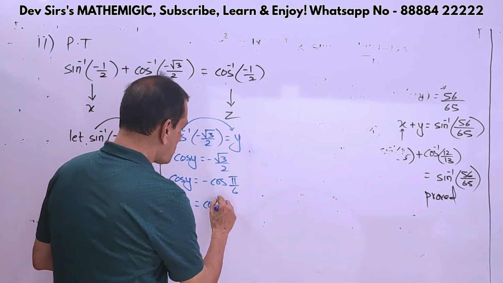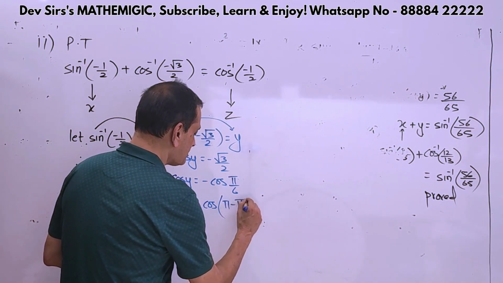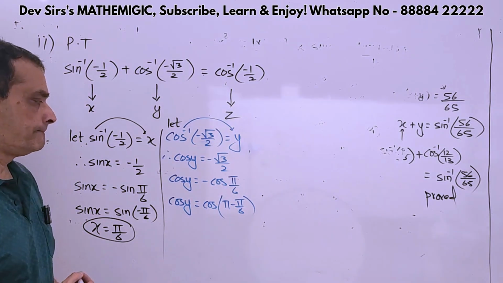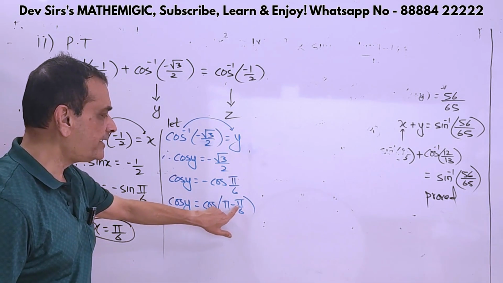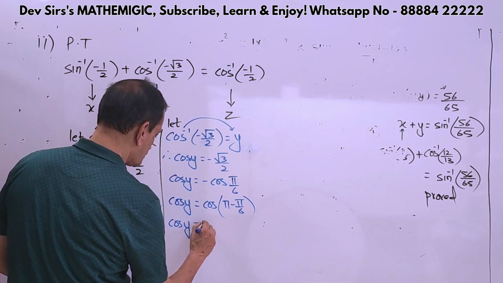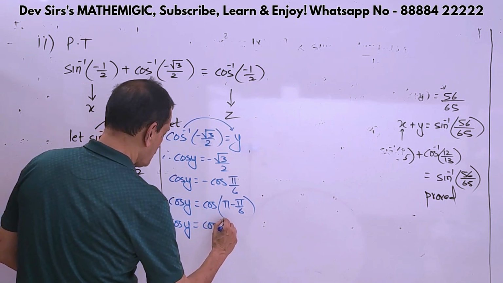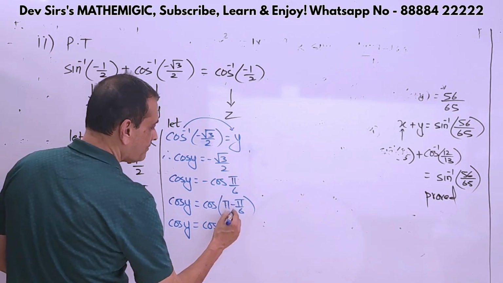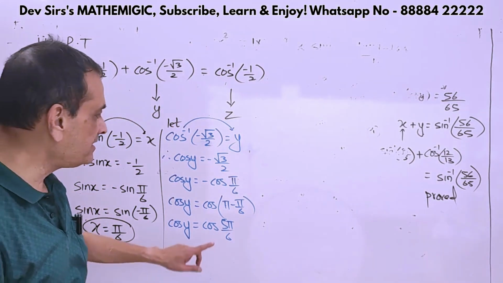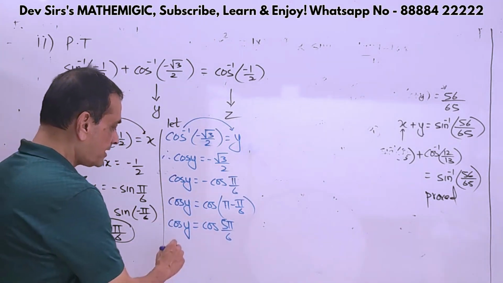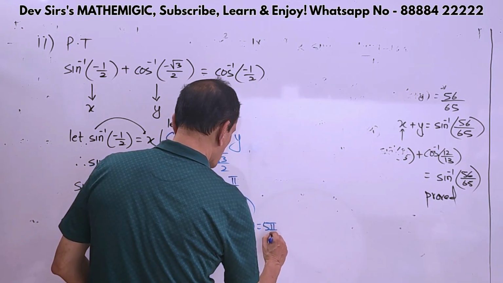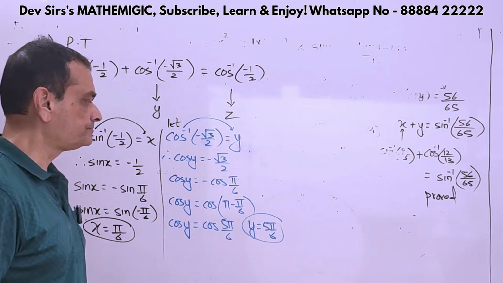If you have to remove the minus sign, cos of pi minus pi by 6. LCM ले लो, 6 into pi minus pi. That's how you remove the negative sign from cos. So you get y equal to 5 pi by 6. Second answer.